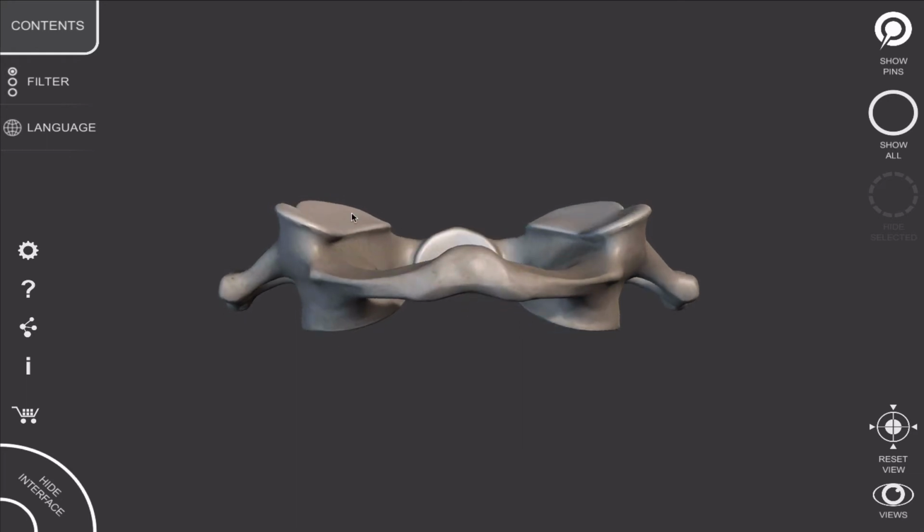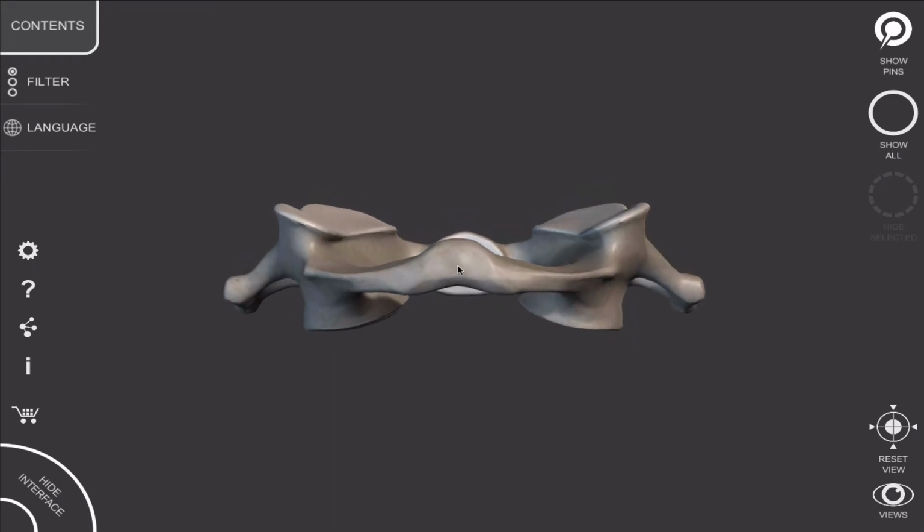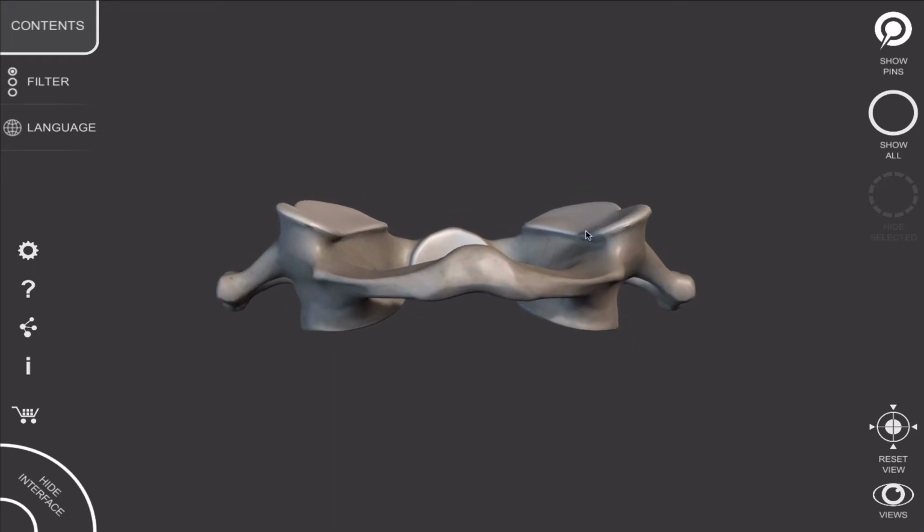You can see that these two joint surfaces here, which are referred to as the superior articular facets, these two joint surfaces will articulate with the skull. And if you remember from the skull, on the occipital bone there are two structures called the occipital condyles.